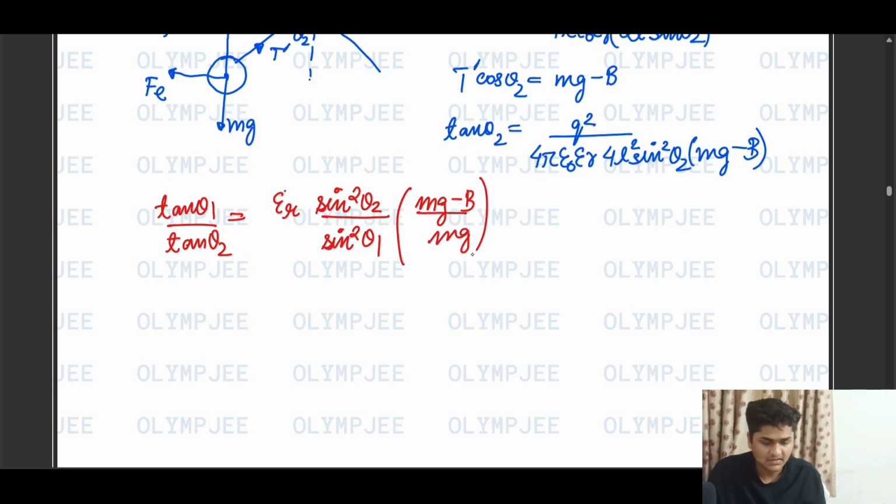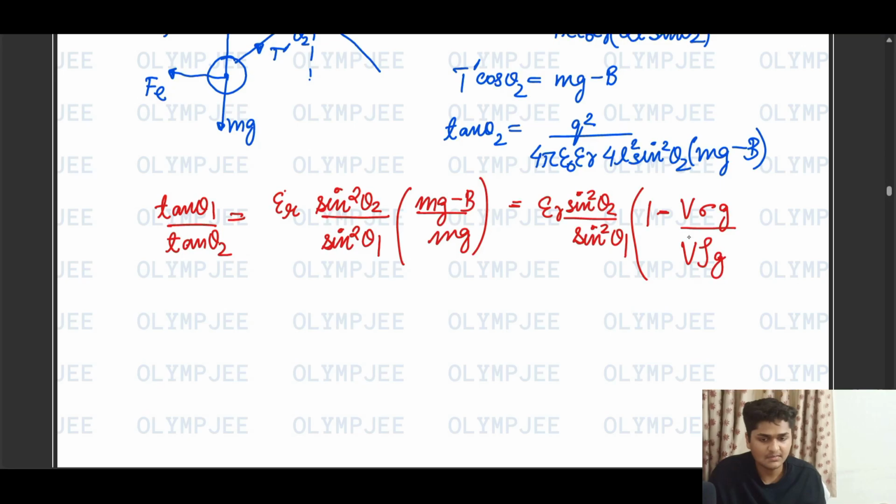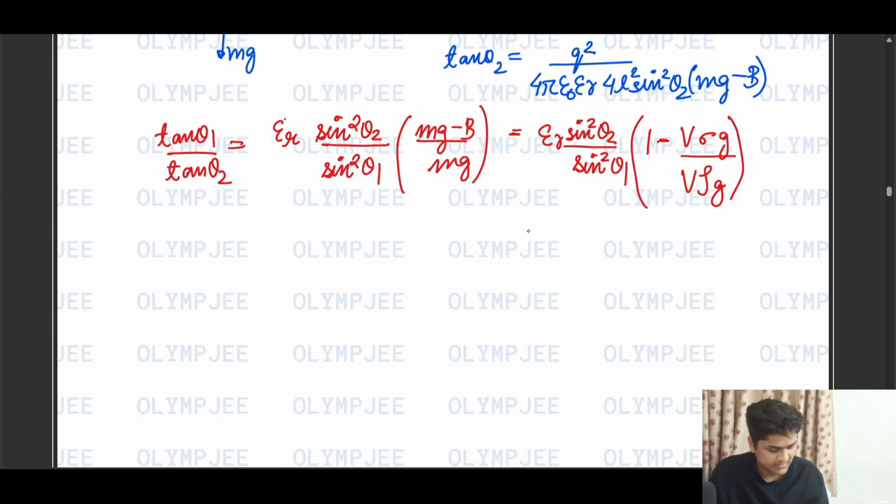And buoyant force can be written as, we can cancel this, so it will become 1, and buoyant force I am writing as V sigma g, where sigma is the density of liquid, and if we write V rho g, it will be the weight, right? So now we can write this as 1 minus sigma by rho.